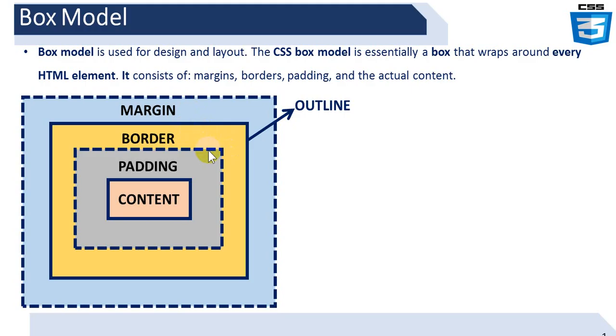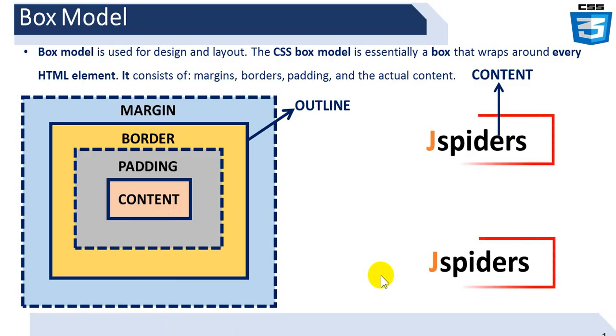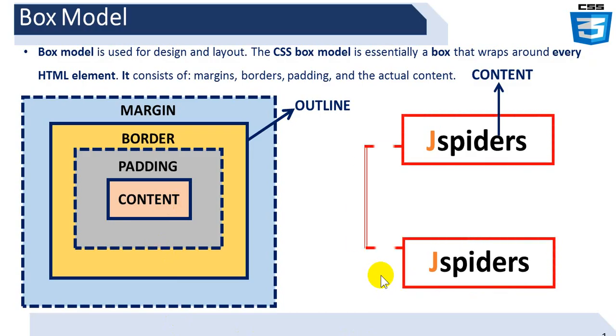If you observe the example here, you will understand clearly. We have something called JSpiders. JSpiders is my content, guys. Now it is surrounded with the red color, which is nothing but the border.